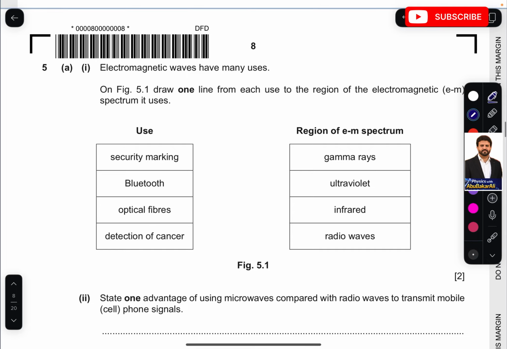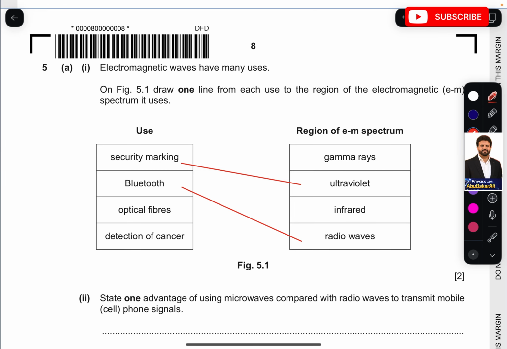Next question. This is from the wave section. Electromagnetic waves have many uses. Draw one line from each use to the region of the electromagnetic spectrum it uses. So you have to tell which one is used for which purpose. Like security marking, we use UV rays. For Bluetooth, we use radio waves.